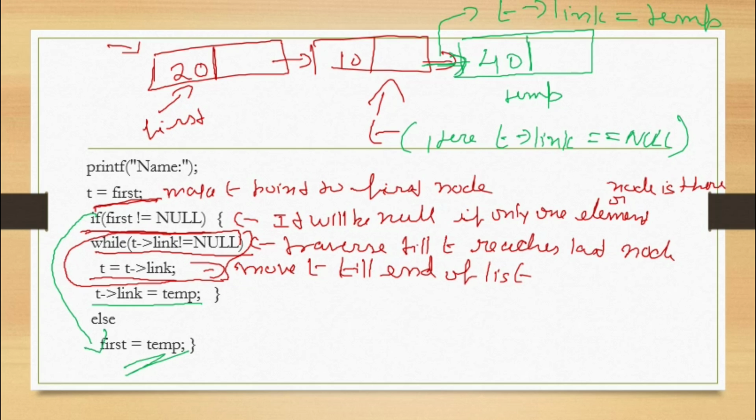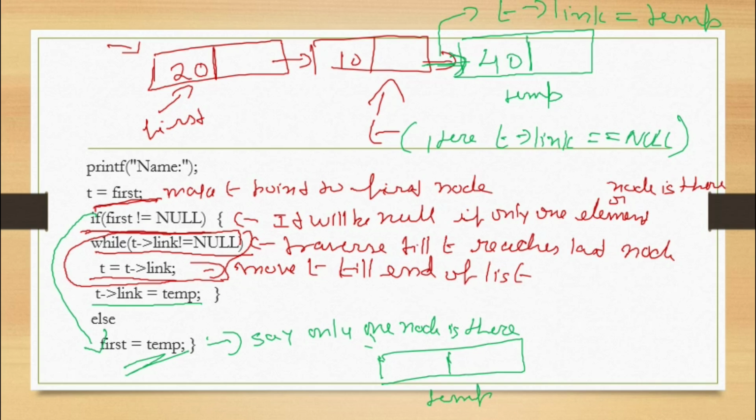If first is equal to null, then whatever temp is available here, you make that itself as first. So this is the case of only one node.